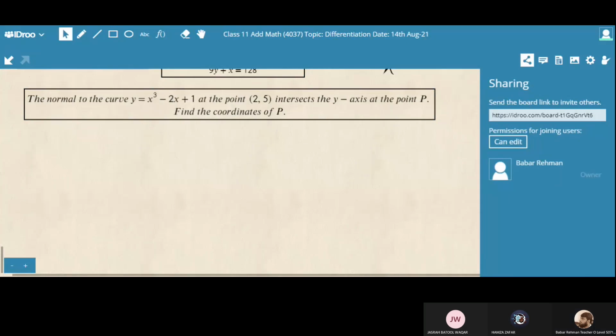Yes, students, hurry up. Just consider like this: this is, for example, the tangent, and this is the normal.